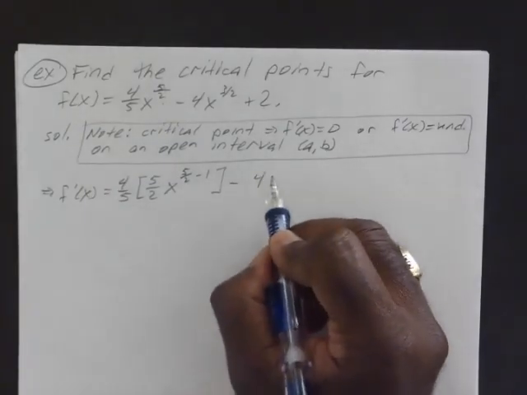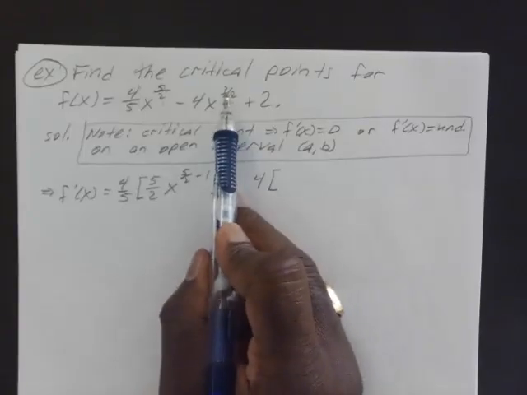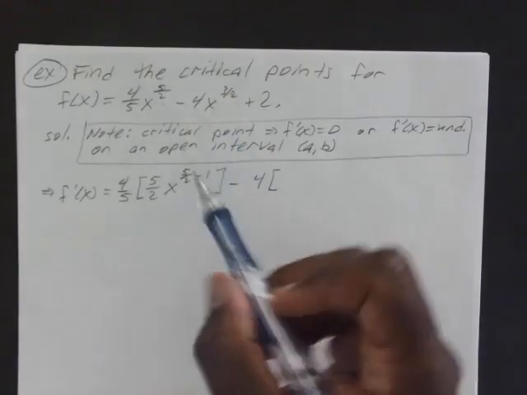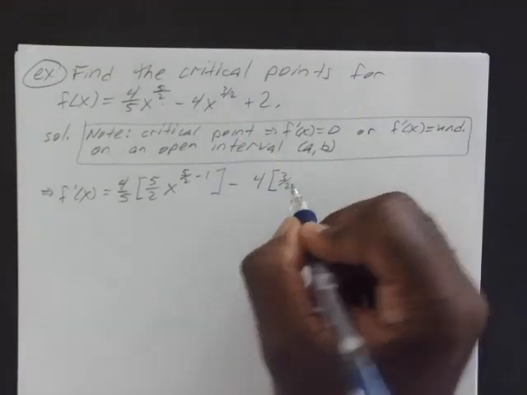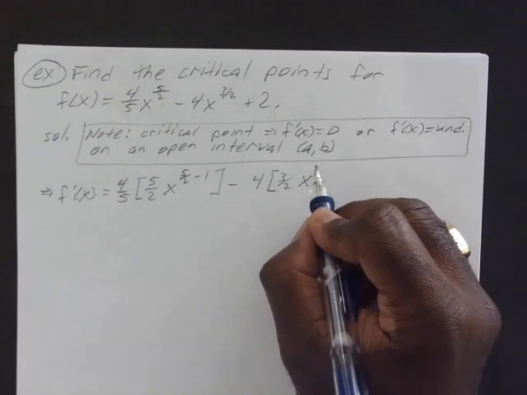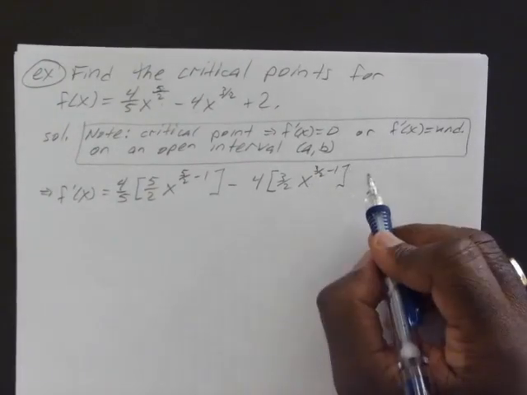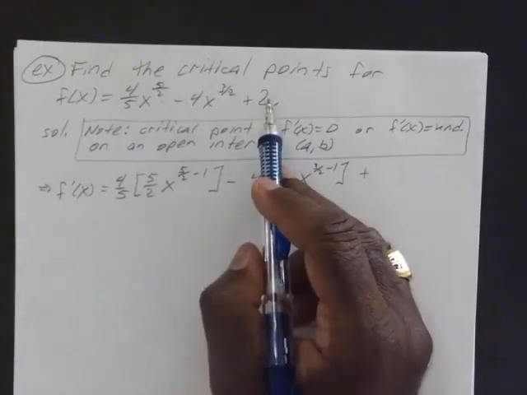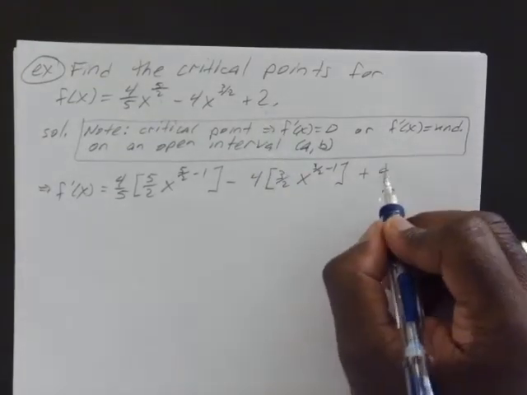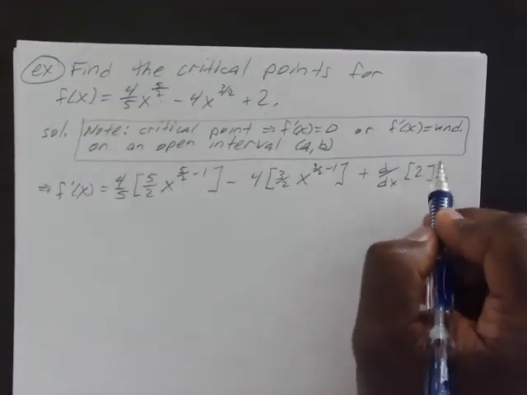Minus 4 times the derivative of x to the 3/2 power. So we take that derivative, we bring down the 3/2, and we subtract 1 from the exponent. Plus the derivative of 2, which is just 0, but I'll write it out anyway, just to cross it out.